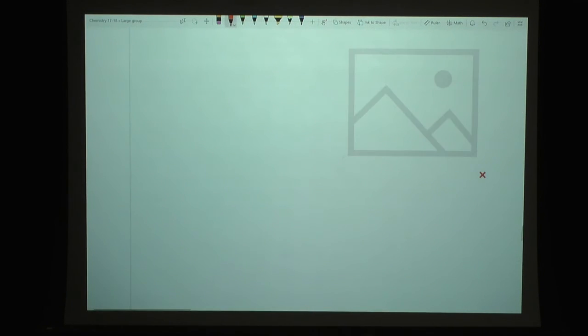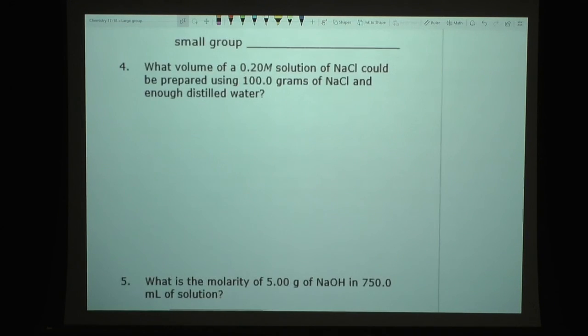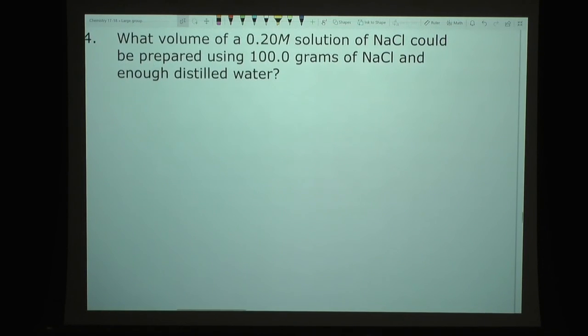Somebody asked for number 4. Now, I don't know why, but polarity has escaped a lot of people in chemistry this year.